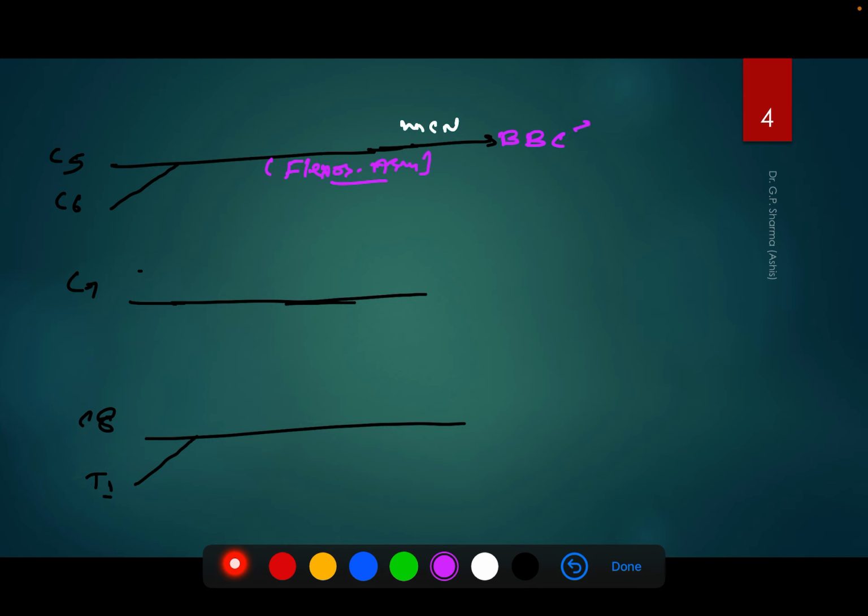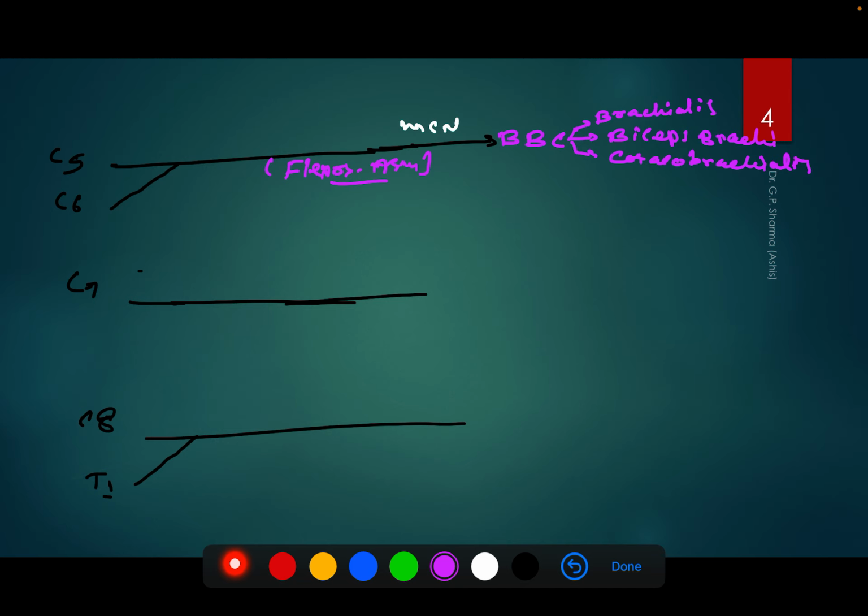That means one is brachialis, another one is biceps brachii, and another one is coracobrachialis. So we can make this formula as BBC. So the musculocutaneous nerve supplies BBC.